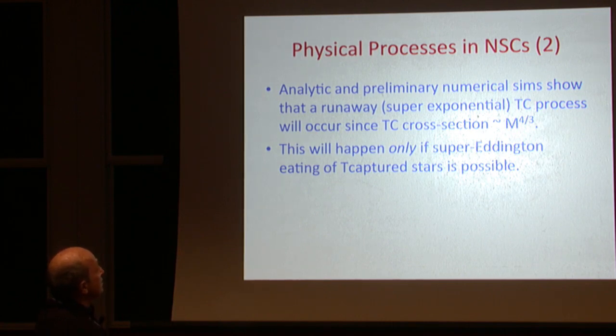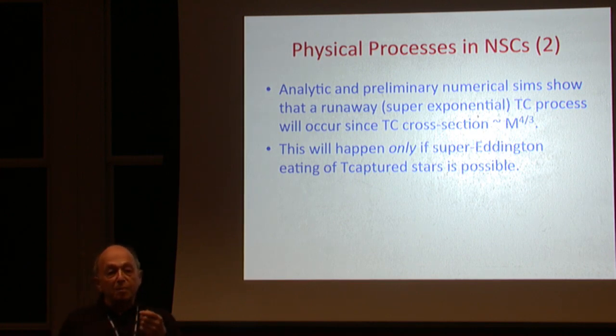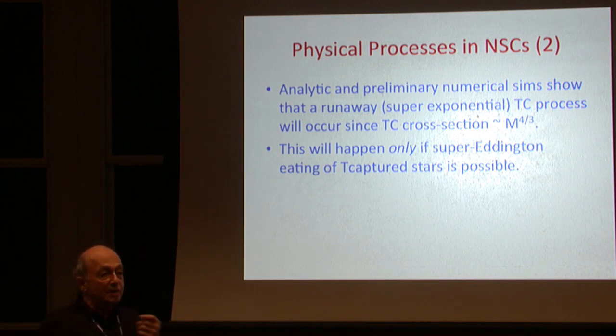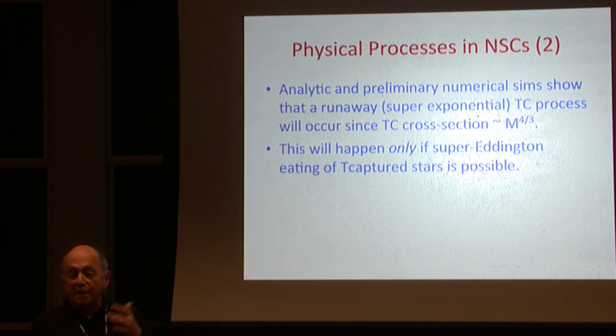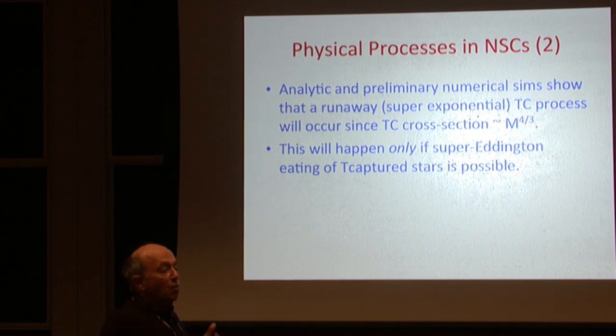Since the tidal capture cross-section goes as a power of mass steeper than 1, if a black hole captures many stars and eats them, and its mass doubles, well, then the cross-section for more tidal captures is higher and higher, and the process will run away. So it's super exponential. What limits it?